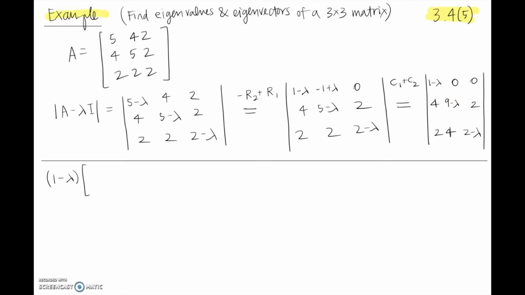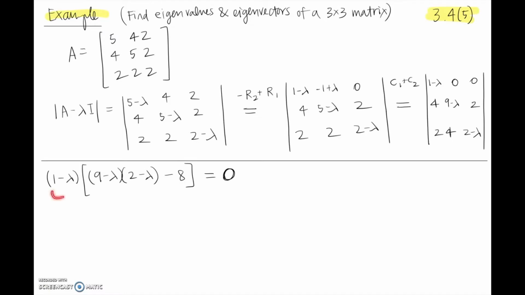So I'm going to do my cofactor expansion, and I'm going to use this guy. So blocking out this and this is 1 minus lambda times the determinant of what's left. And that will be 9 minus lambda times 2 minus lambda minus 8, it looks like. And I really want this determinant to equal 0. We know we want this to equal 0.